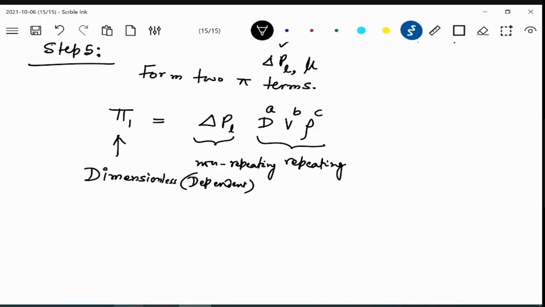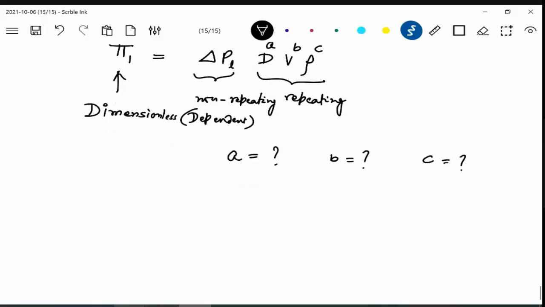Now it is your turn. You have to give me the values of A, B, C. So do some work. What is the value of A? What is the value of B? What is the value of C? How will you find them? You have to equate the dimensions. Left side dimension is 0, 0, 0.